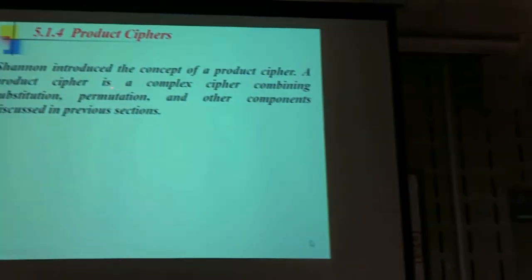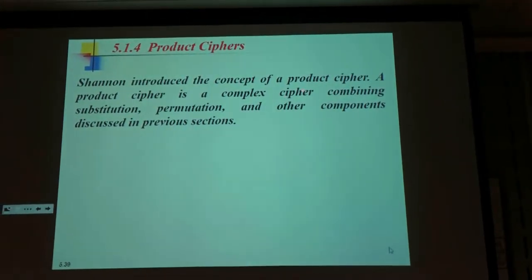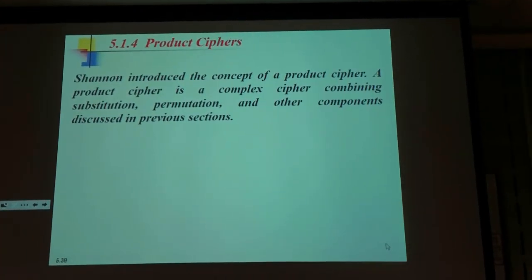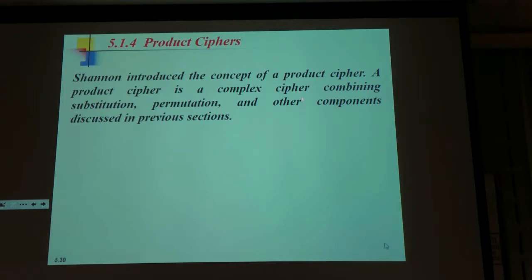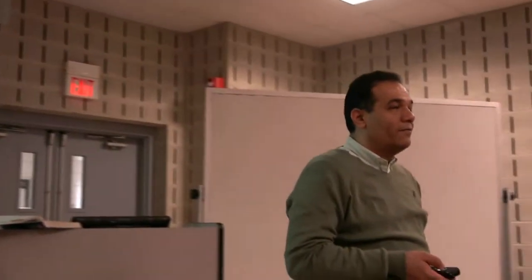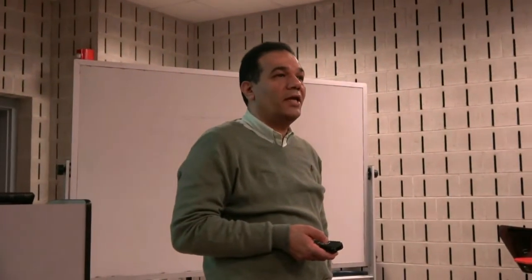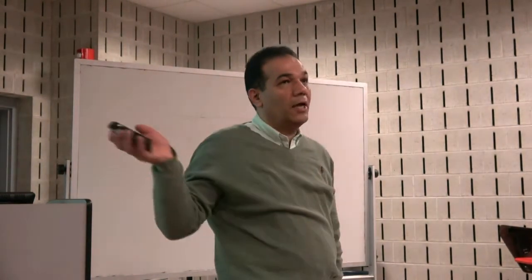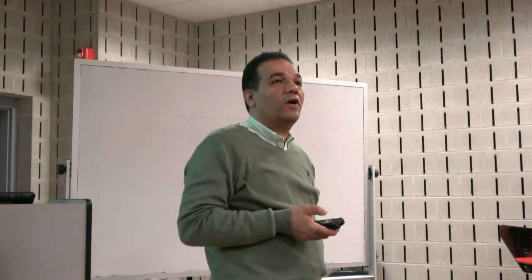So Shannon introduced the concept of a product cipher. A product cipher is a complex cipher combining substitution, permutation, and other components discussed in the previous sections. So what is the definition of product cipher? A cipher algorithm that includes many components. And we have mentioned so far 5 components.